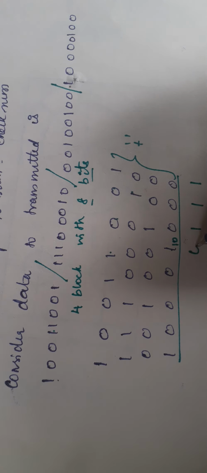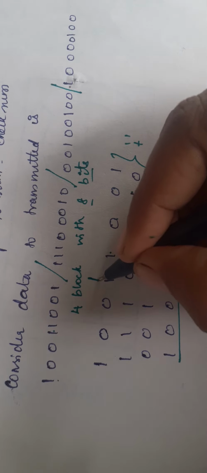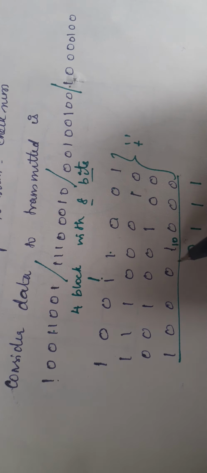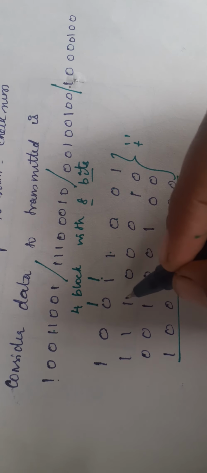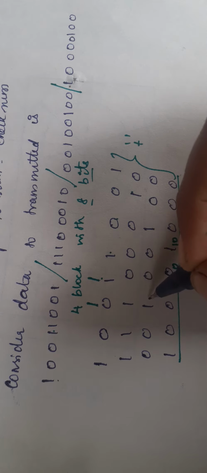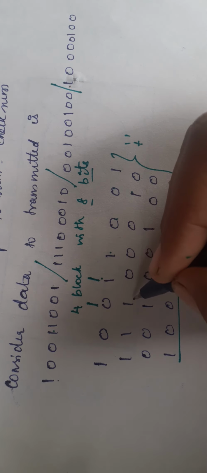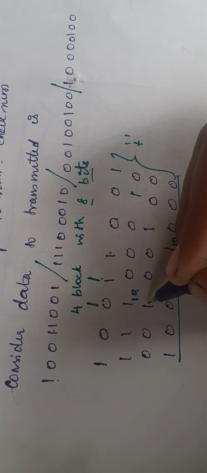So I am having 0 here and bringing 1 as a carry. So 1 plus 1, it is 1 0, so it is 0, and here it is 1. So 1 plus 1, 1 0 plus 1, it is 1. So 1 plus 1, it is 1 0.